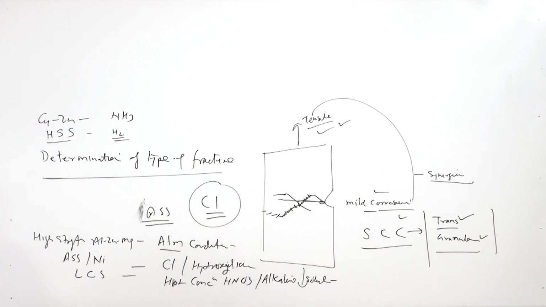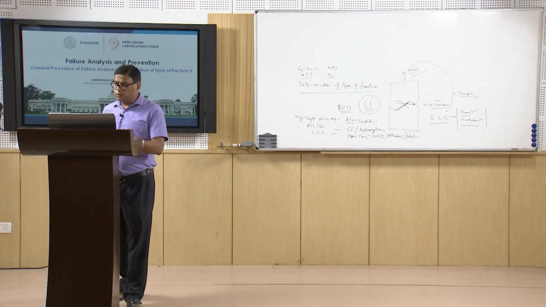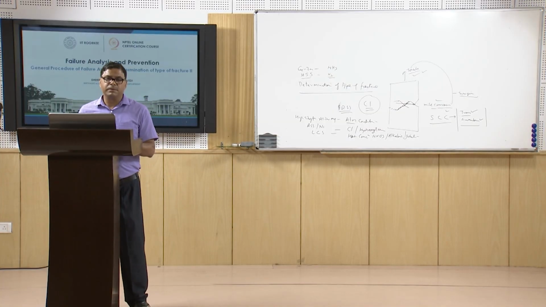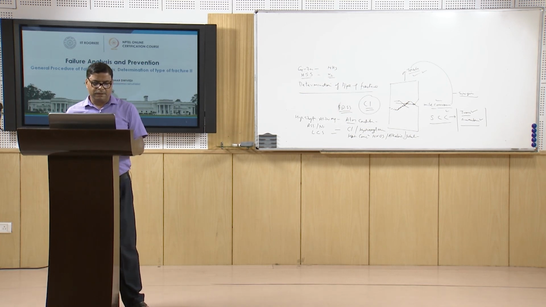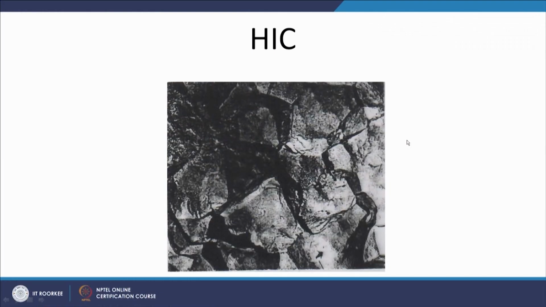There are some special cases for the growth of the crack. In low carbon steel, stress corrosion cracking occurs through intergranular growth of the crack, while in high strength steels it is mainly intergranular, but sometimes a few of the cracks grow through the alpha iron, that is the ferrite.